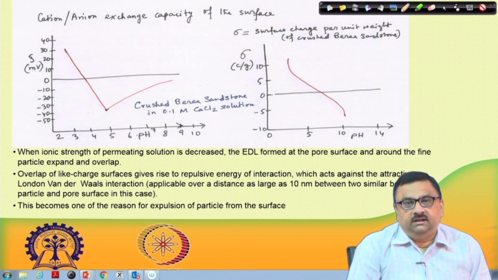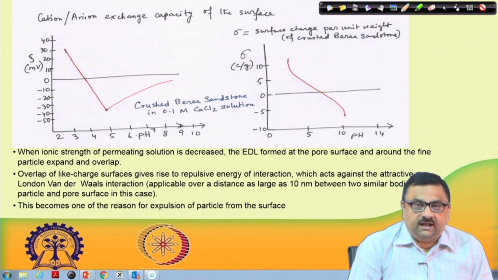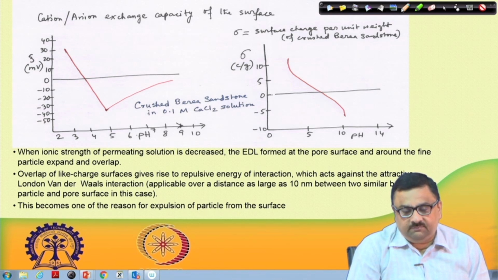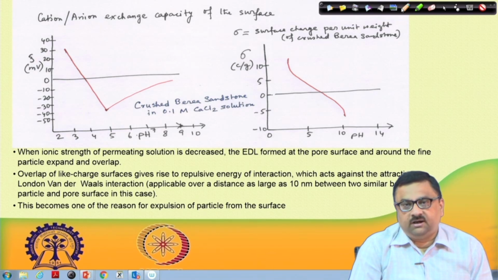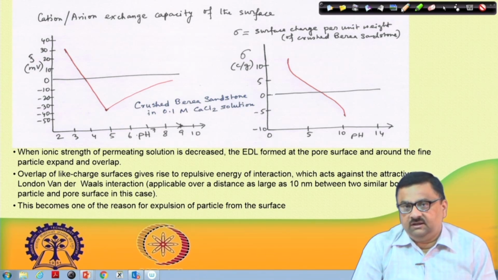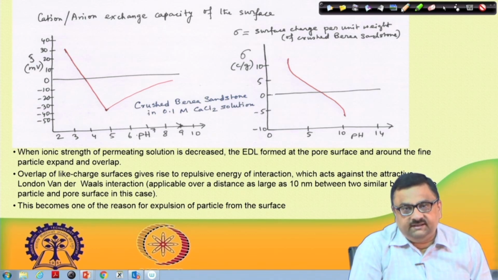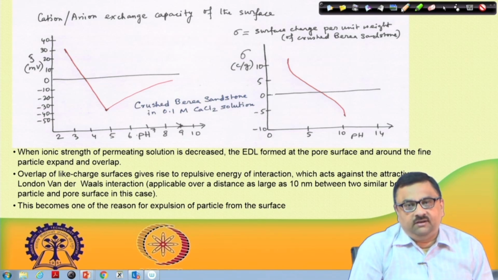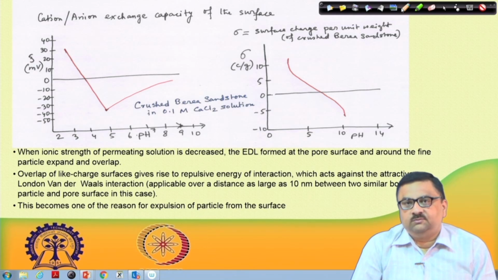We have shown that if we apply a voltage gradient over the length of a capillary of micron size dimension, that means a voltage across the length of the porous medium, a flow is possible. That flow is referred to as electroosmotic flow, and we have already shown the electroosmotic velocity.